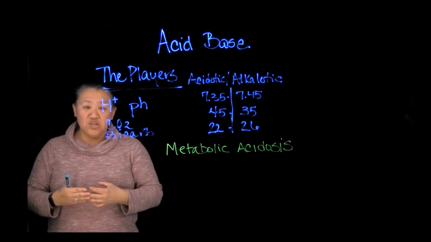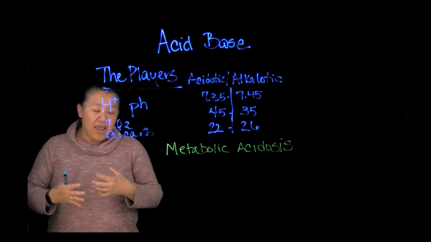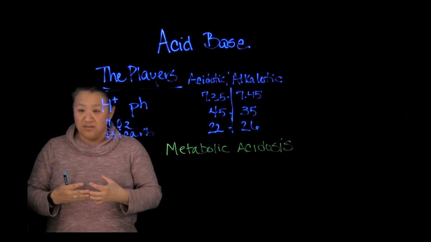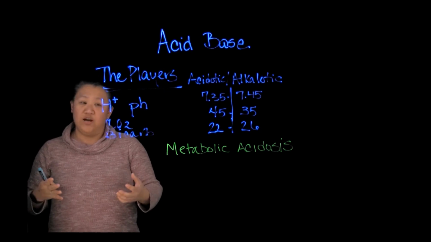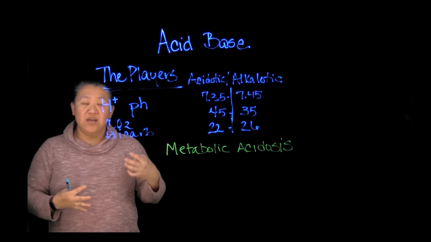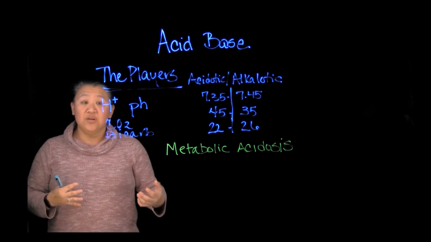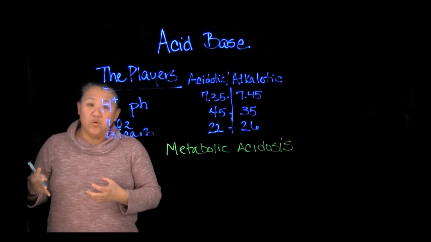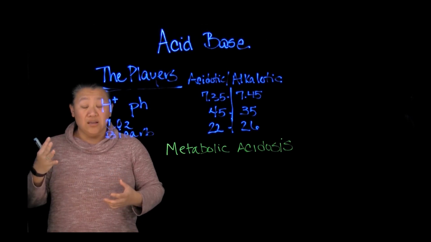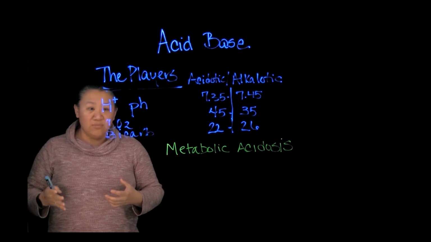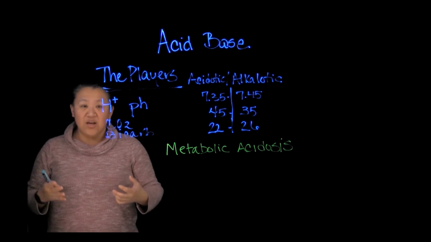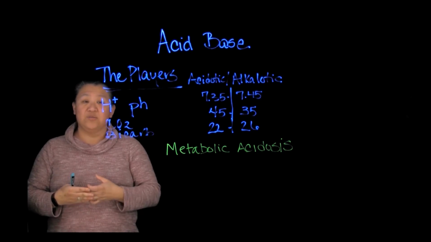Now, if your lungs are the issue, that particular disease area cannot compensate itself, so the kidneys would have to do the job, right? Kidneys usually regulate a lot of your bicarb and other buffer systems. And so if the kidney is the issue, then usually the lungs are the ones to compensate. You have to remember, though, the lungs usually take seconds to minutes, and your kidneys sometimes can take minutes, hours to days. So it depends on what disease process we're talking about.